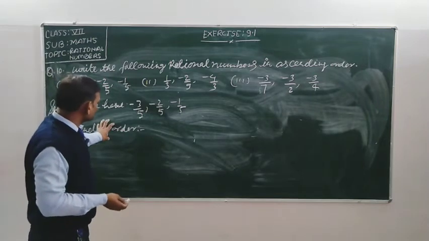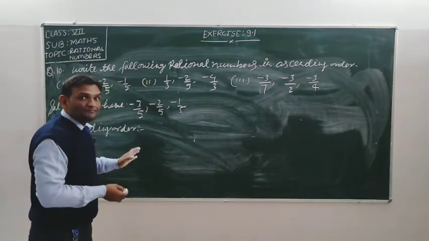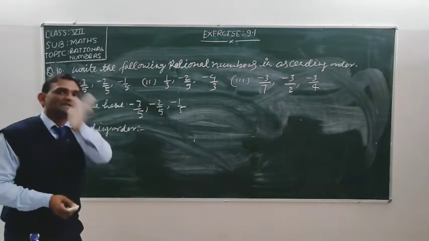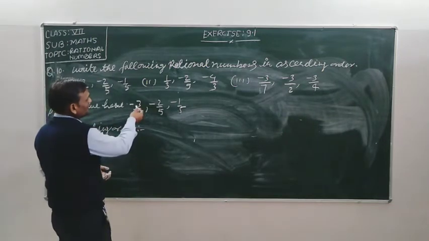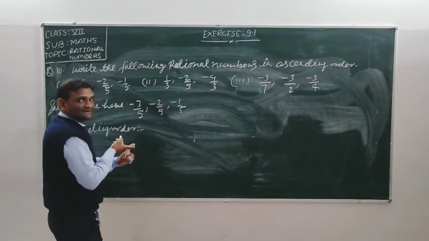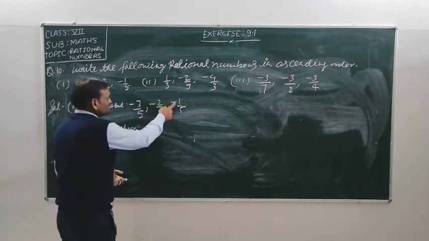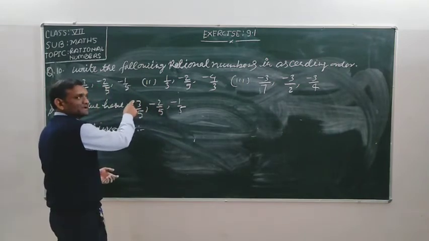Because in ascending order we arrange the numbers from smallest to greatest. So minus 3 is smallest, then minus 2 and minus 1. Among minus 2 and minus 1, which is smallest? Minus 3 is.